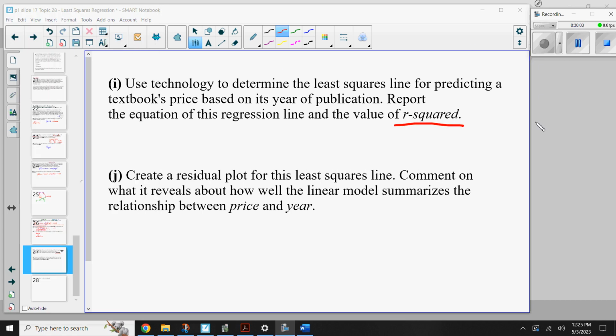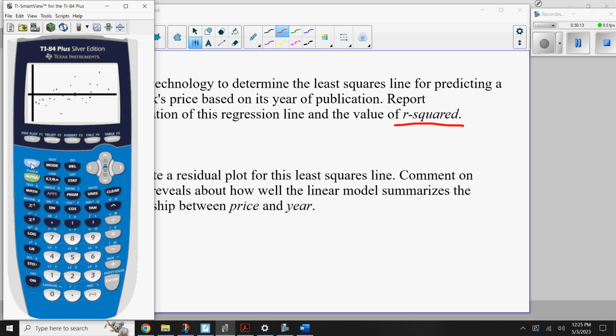So next they want me to determine the least squares line for price based on the year of publication. We saw that that scatter plot wasn't so great, but let's take a look at it. So I'm going to go least squares regression. I'm going to go stat, calc, linear regression. My X values now are in my L3, second 3.